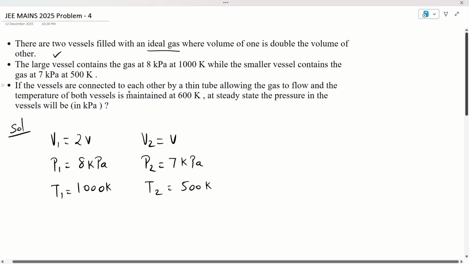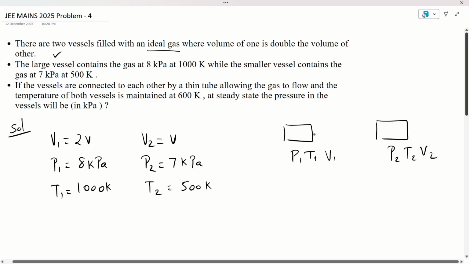If both vessels are connected to each other by a thin tube allowing gas to flow, the temperature of both vessels is maintained at 600 Kelvin. So at a steady state, the pressure in the vessels will be what? This is what we need to find. There are 2 vessels, 1 and 2, with P1, T1 and volume 1, and P2, T2 and volume 2.